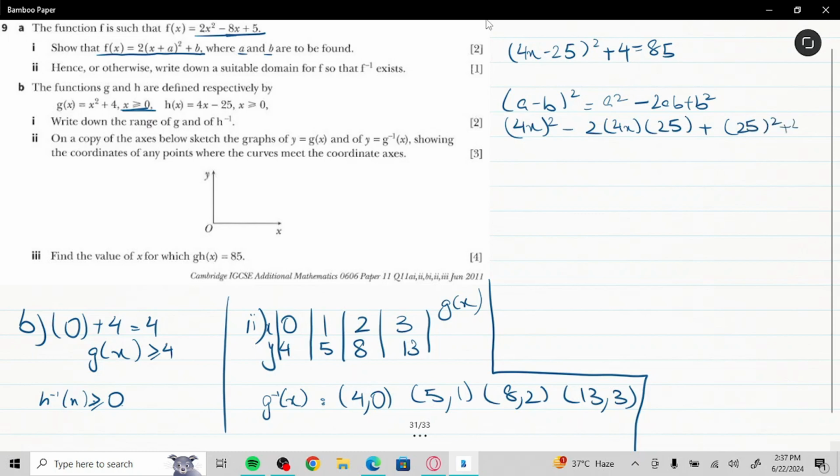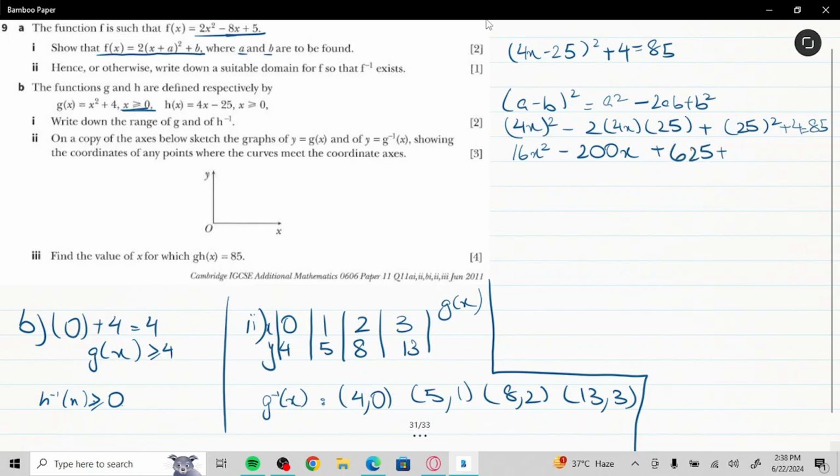Plus 4 is equal to 85. Simplify this. 4 squared is 16, so 16x squared, minus 2 times 4 times 25 is 200, so minus 200x, plus 25 squared, which is 625.